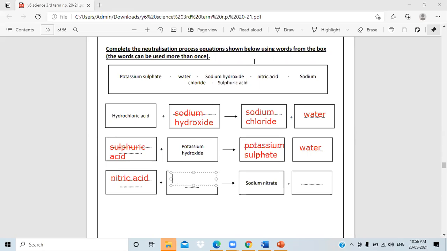Sodium hydroxide. Sodium hydroxide. Anything that ends with hydroxide is an alkali. Okay, so it will produce sodium nitrate, and what will be the other product? Water. Water. Thank you so much, Khulud. And that will be it.